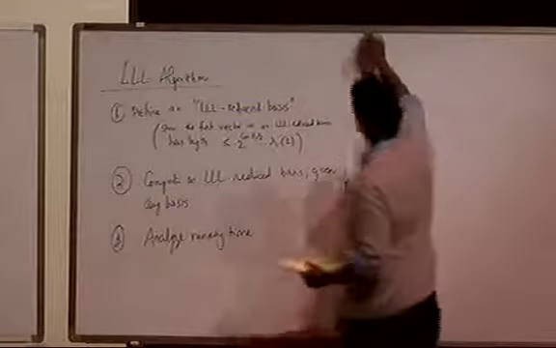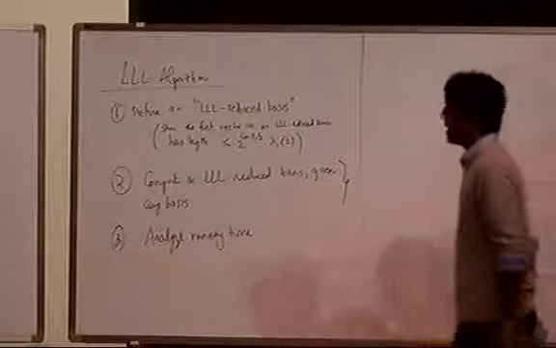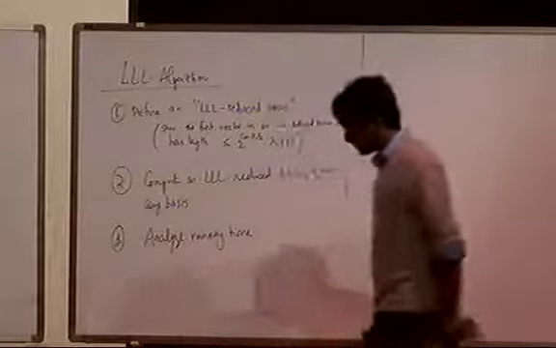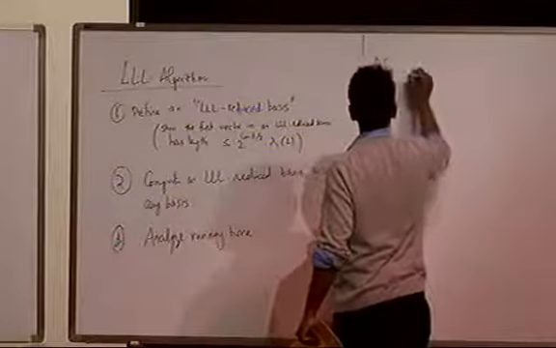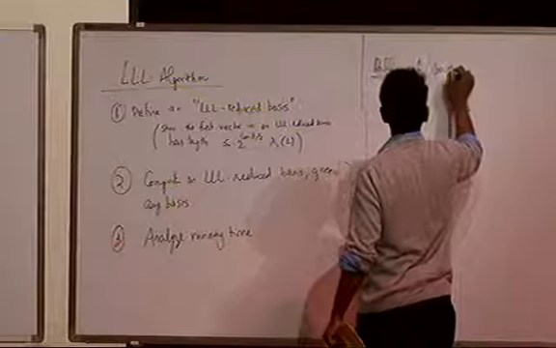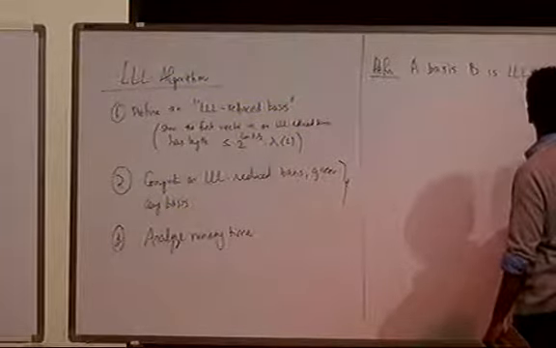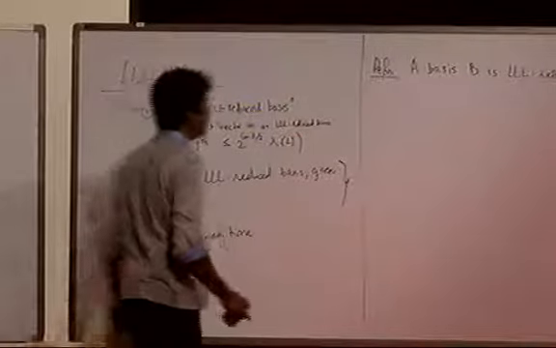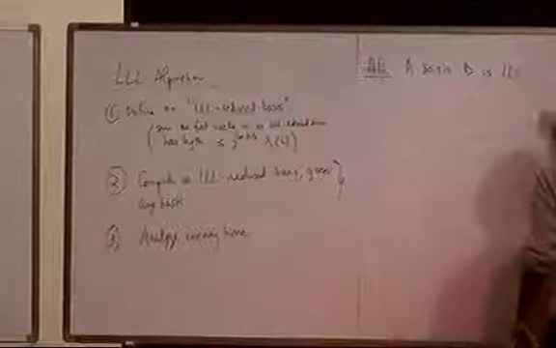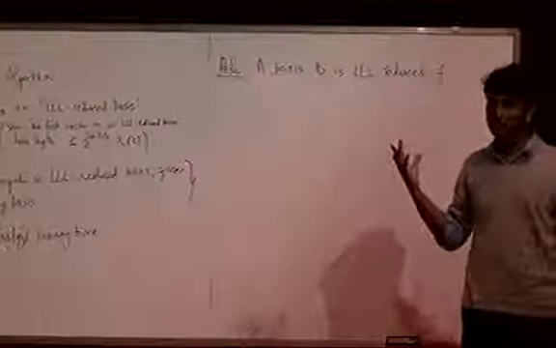And now let's start. So what is an LLL reduced basis? Definition. A basis B is LLL reduced if it satisfies 2 conditions.